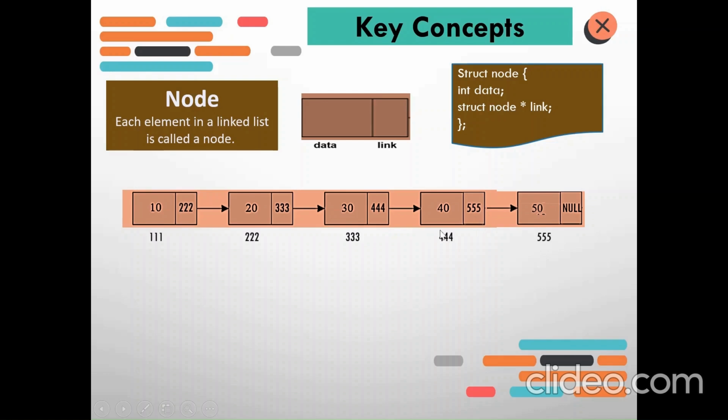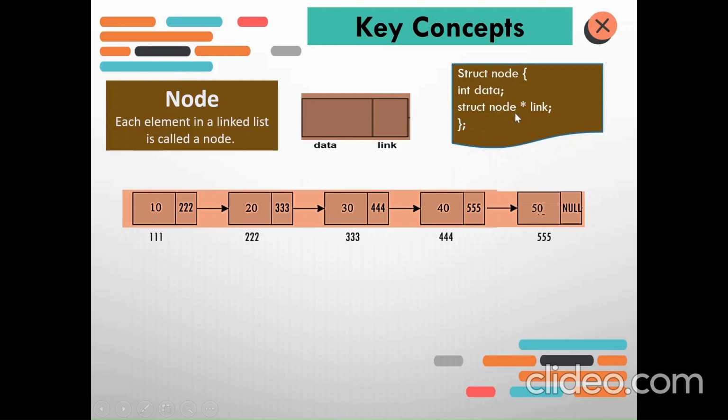Now understand that these are all addresses. So how can they be accessed? They can be accessed by using a pointer. So that pointer would be struct node type. So this 111 as an address is not the address of some integer or character or a float variable, in which case I would have written an int or a float or a char here.